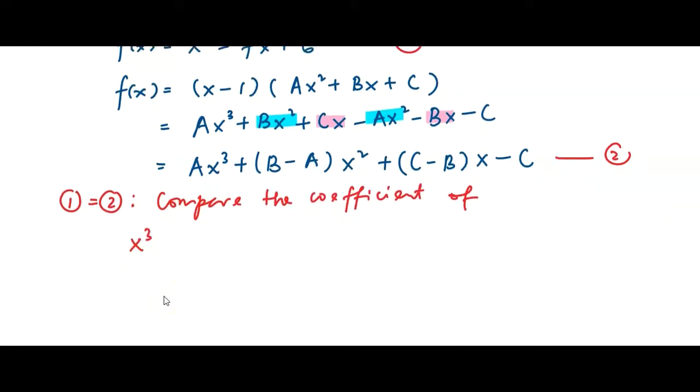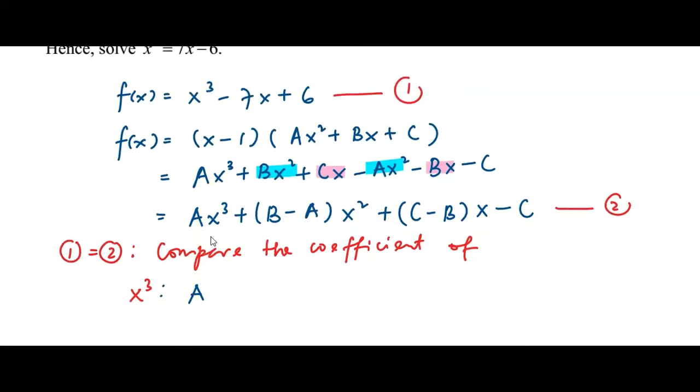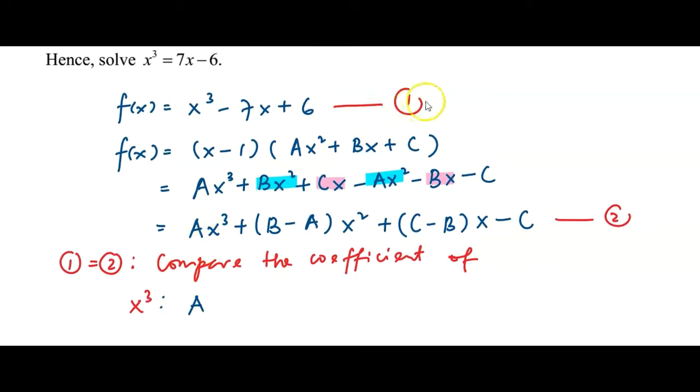For expression 2, the coefficient of x cubed is a. Looking at expression 1, the coefficient of x cubed is 1. So you can say that a equals 1, because 1 is equal to 2, so the coefficient of x cubed must be the same. So a is equal to 1.